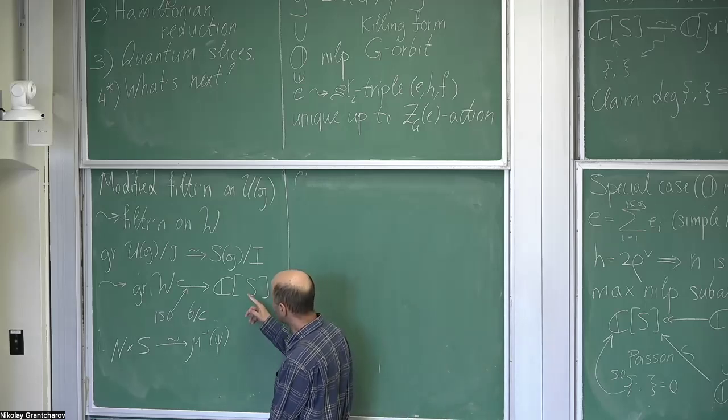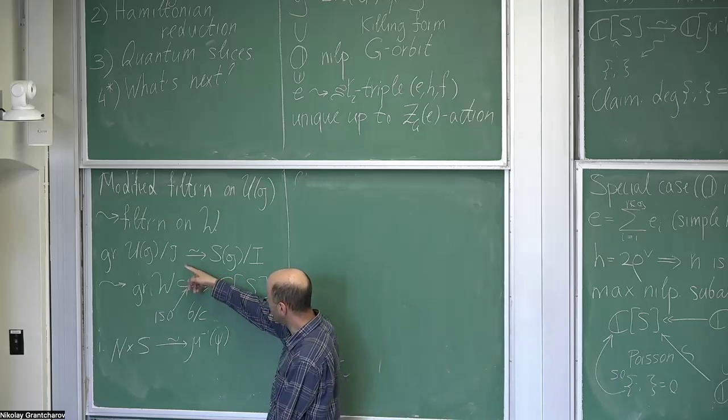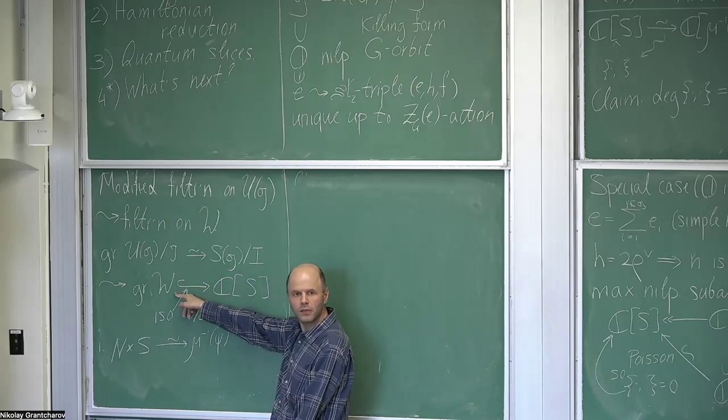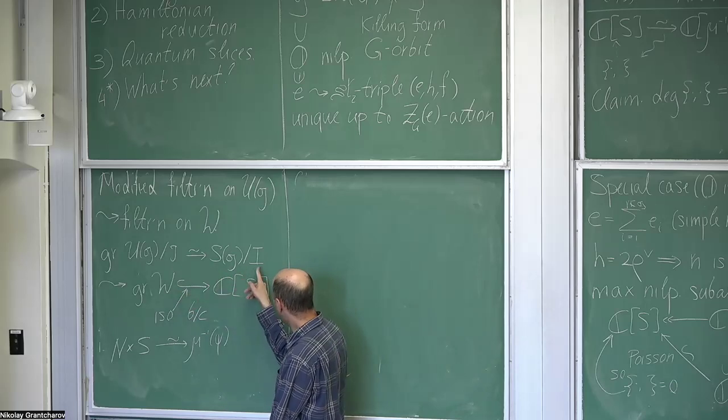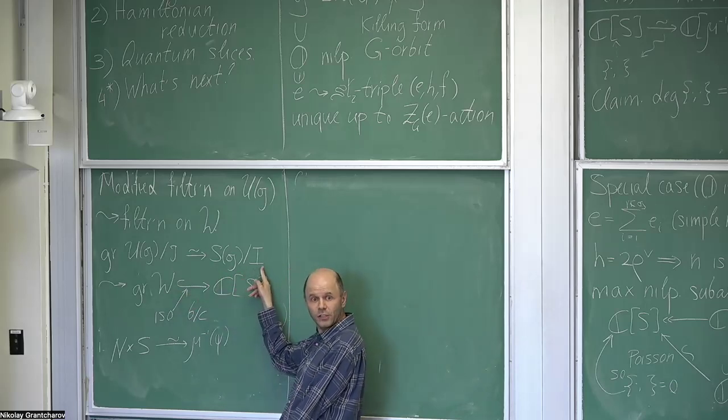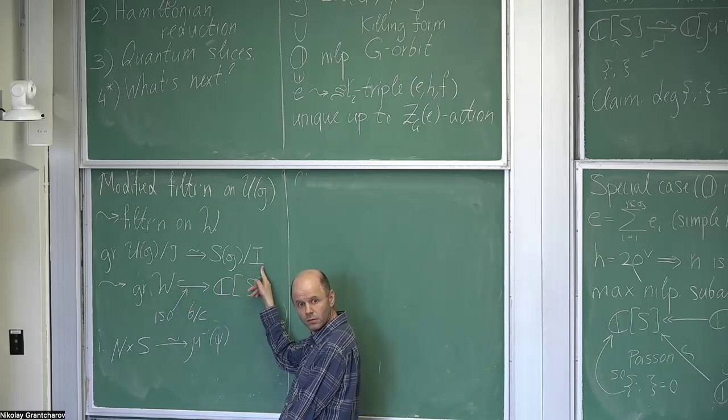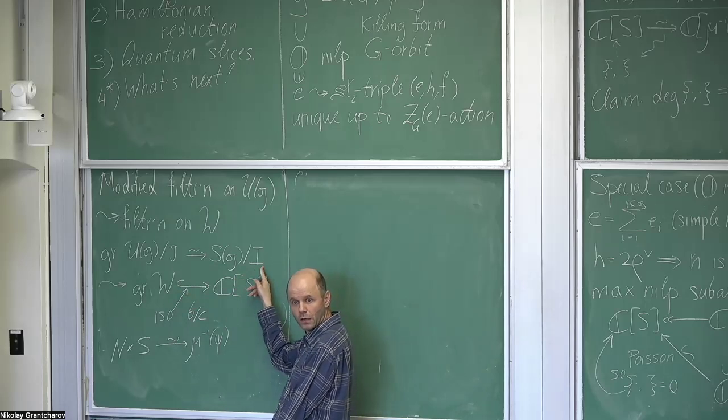I want to show that this is an isomorphism. I need some condition like Ext^1 of n inside of here vanishes. I use that Ext^1 with coefficients in a regular module is 0. That's roughly how it is.